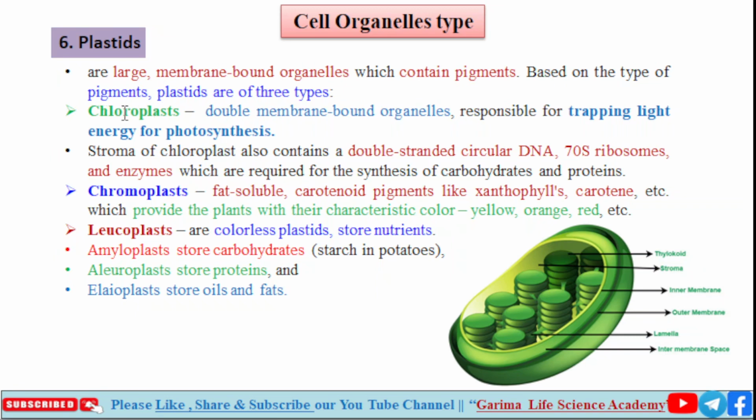First one is chloroplast. Chloroplast is a double membrane bound organelle responsible for trapping light energy for photosynthesis.